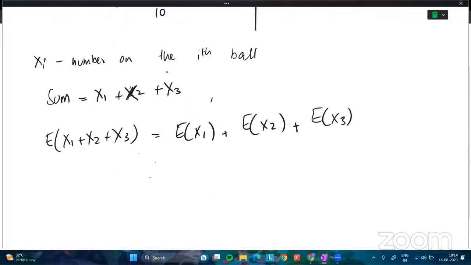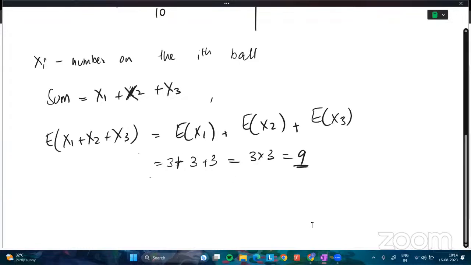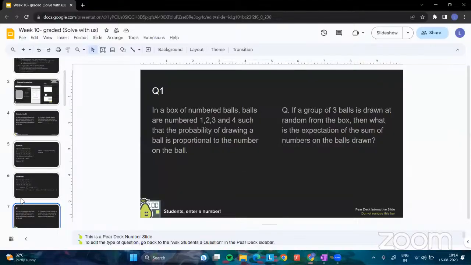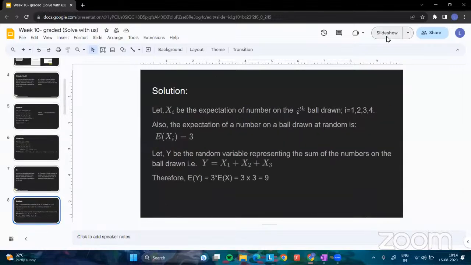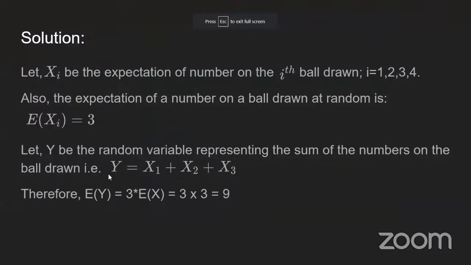So it'll just be 3 plus 3 plus 3. Is this the answer everyone got? We can just go through this for more clarity also.